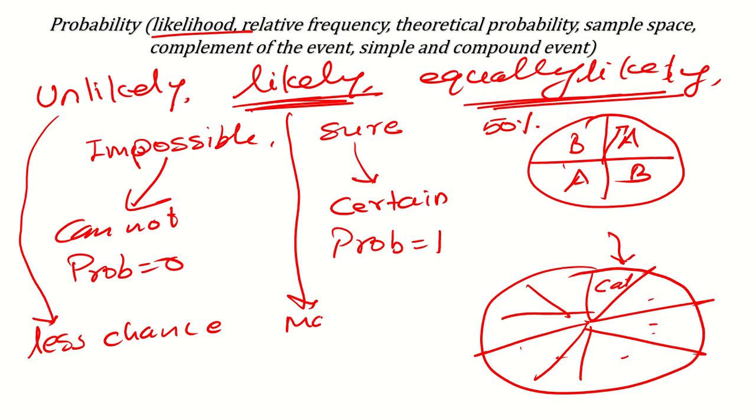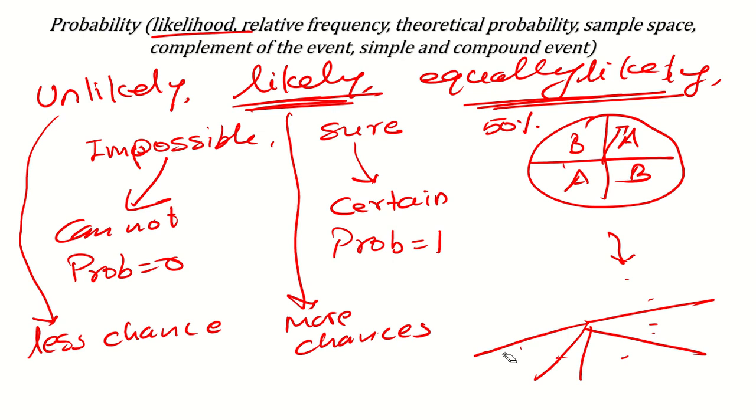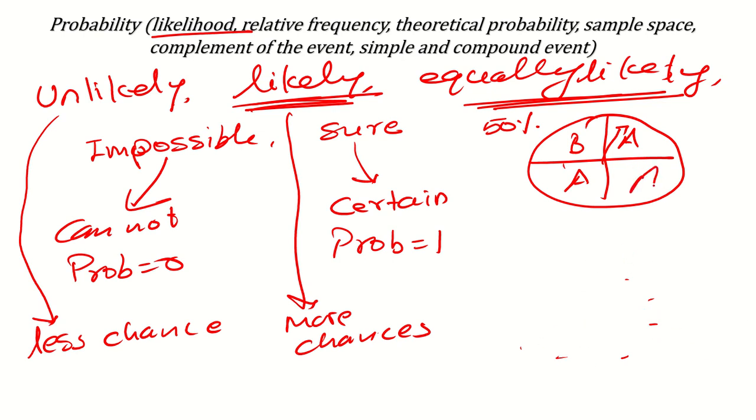For example, if I take this also as A, what are the chances that the spinner will land on A? You have more chances, because A is more than B. A is 3 times, whereas B is only 1 time. So that is called likely or more likely.